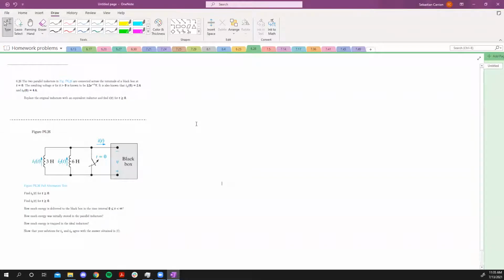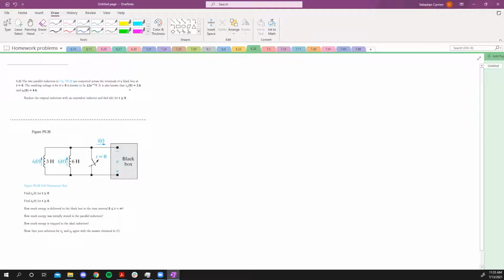All right, so we got problem 6.26. It says the two parallel inductors are connected across the terminals of the black box at time equals 0. The resulting voltage V for time greater than 0 is known to be 12e to the negative t volts.